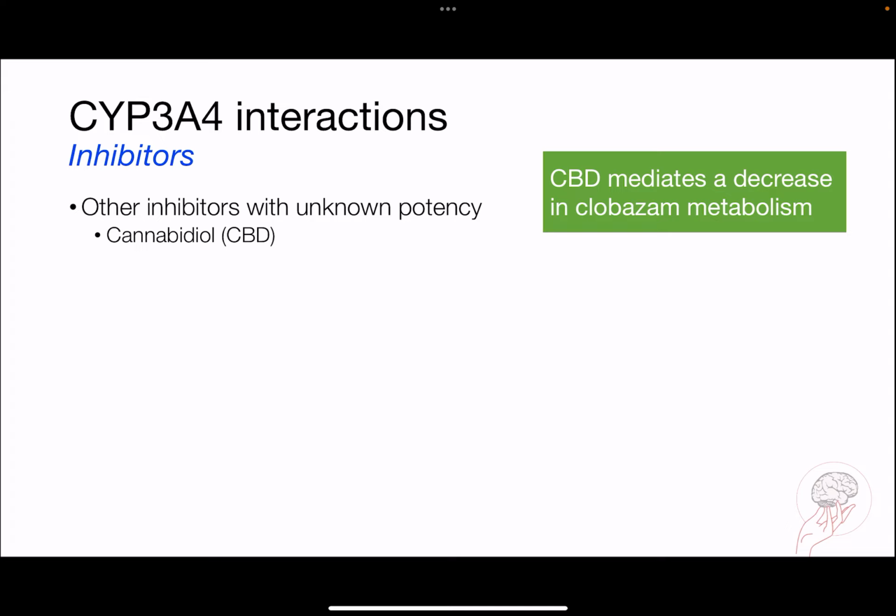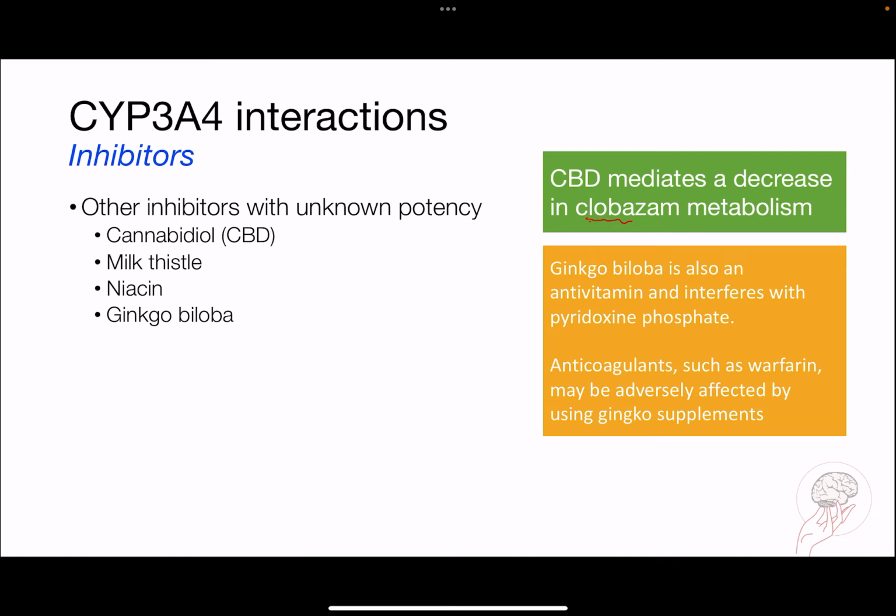So definitely don't want to interfere with that. Milk thistle is another supplement, and we'll get into even more of these in the supplements. Niacin, so excess niacin. Ginkgo biloba.